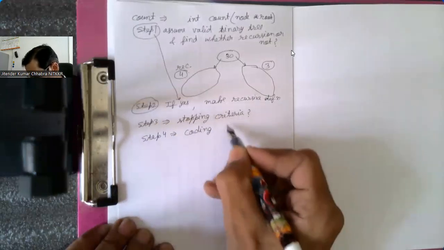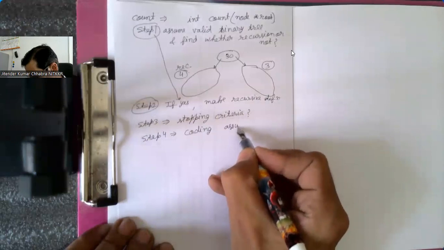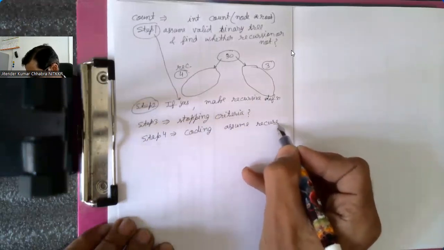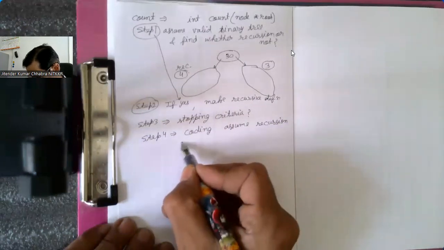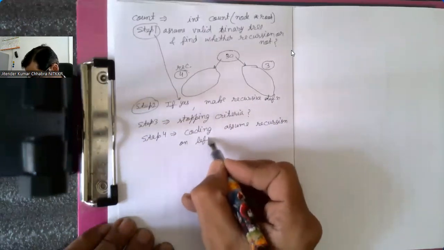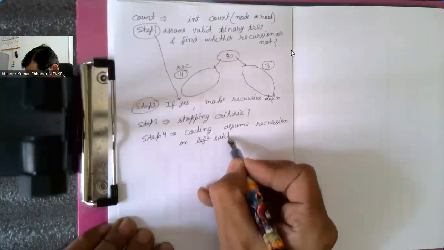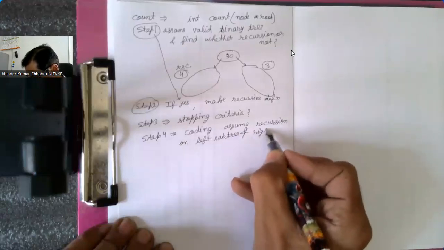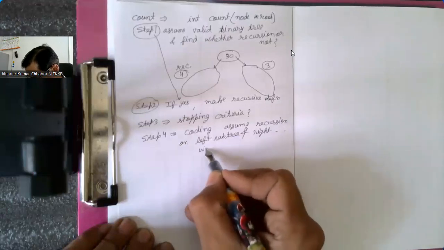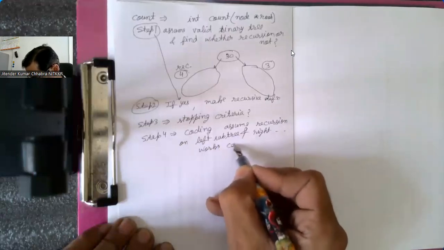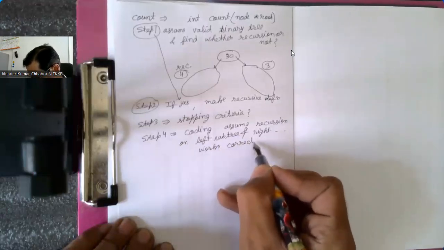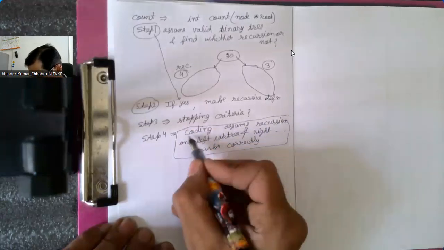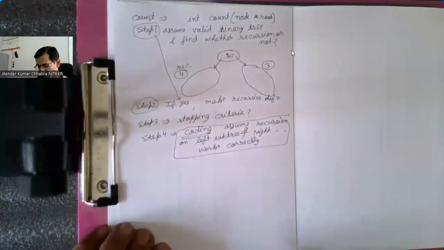Coding to be done, assuming your recursion on the left side and on the right side works always correct, and right subtree works perfect. Assume this and don't bother how it will happen, then you can easily do that coding.